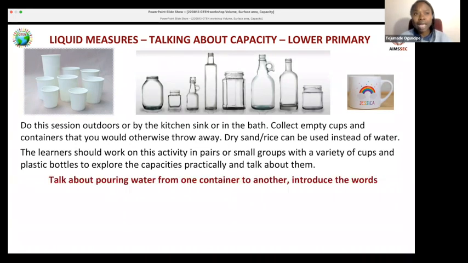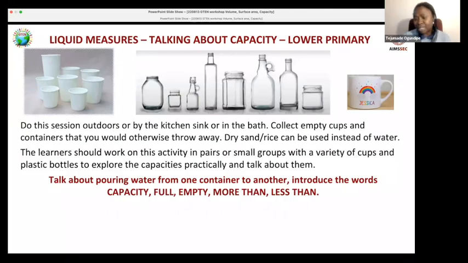In this case, we are trying to find the capacity: full, empty, more than, or less than. So we want to look at the capacity when it is full and when it is empty. That is the concept we want to teach the learners. So which one is more than, which one is less than?